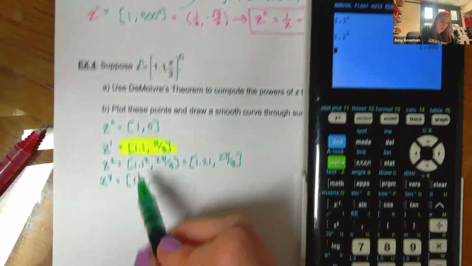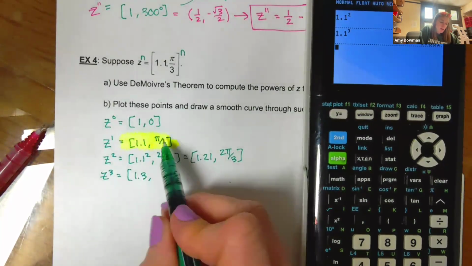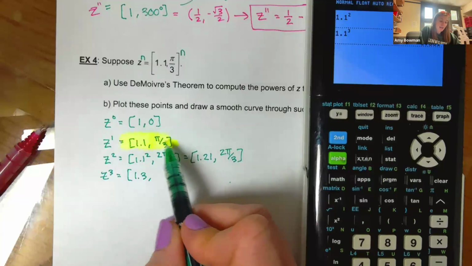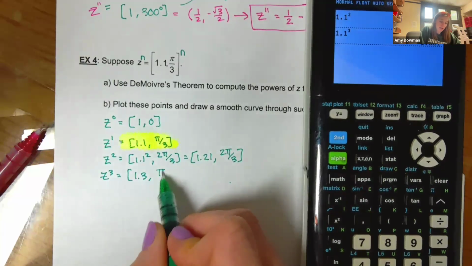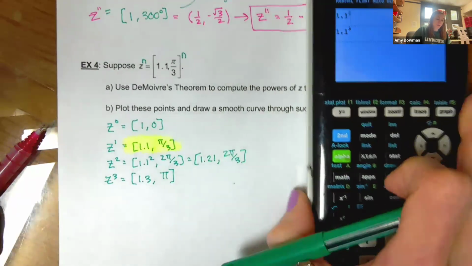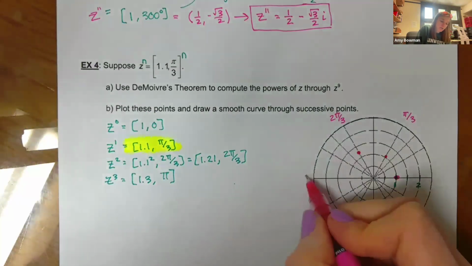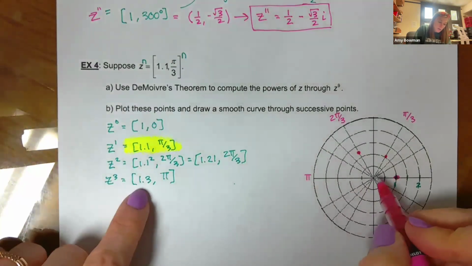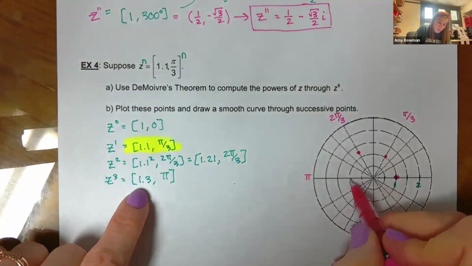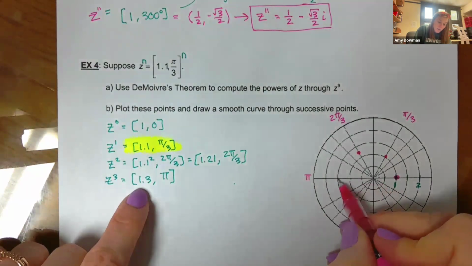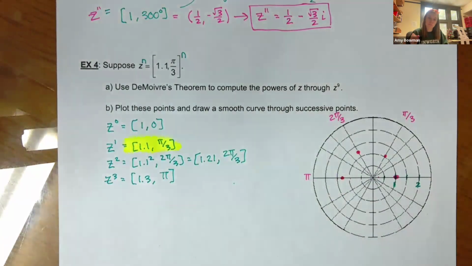So that would be 1.1 cubed is 1.3. And then pi thirds times 3, which is actually just pi. So this gives us z cubed, pi is right here. So 1.3, 1 is here, 1.5 is here. 1.3 would be just slightly more than in the middle.